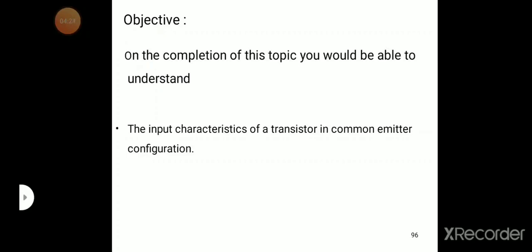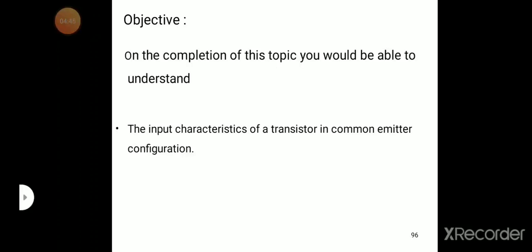Upon completion of this topic, we would be able to understand the input characteristics of the transistor in common emitter configuration. Do you know the meaning of common emitter? We already discussed it.